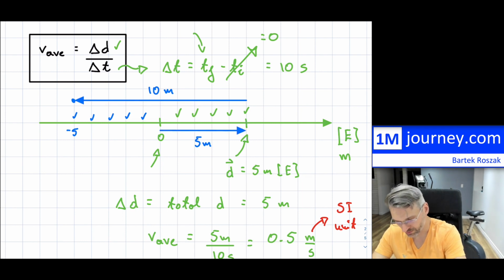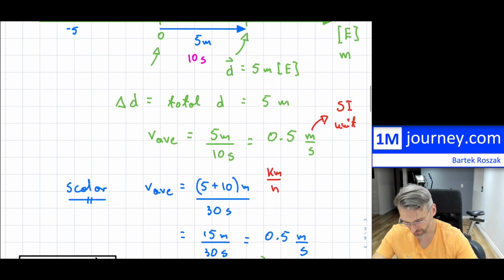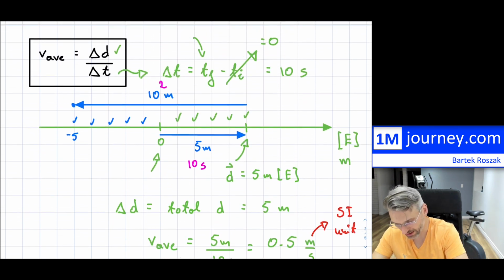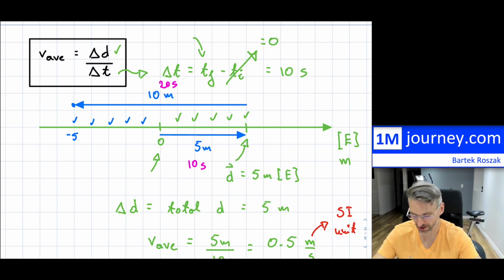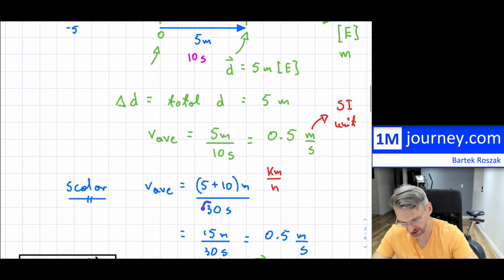Maybe this portion took us 10 seconds, and then the other portion, the 10 meters going back, took us 20 seconds, going back in this direction. That would equal the 30 seconds that I have chosen for my speed over here.